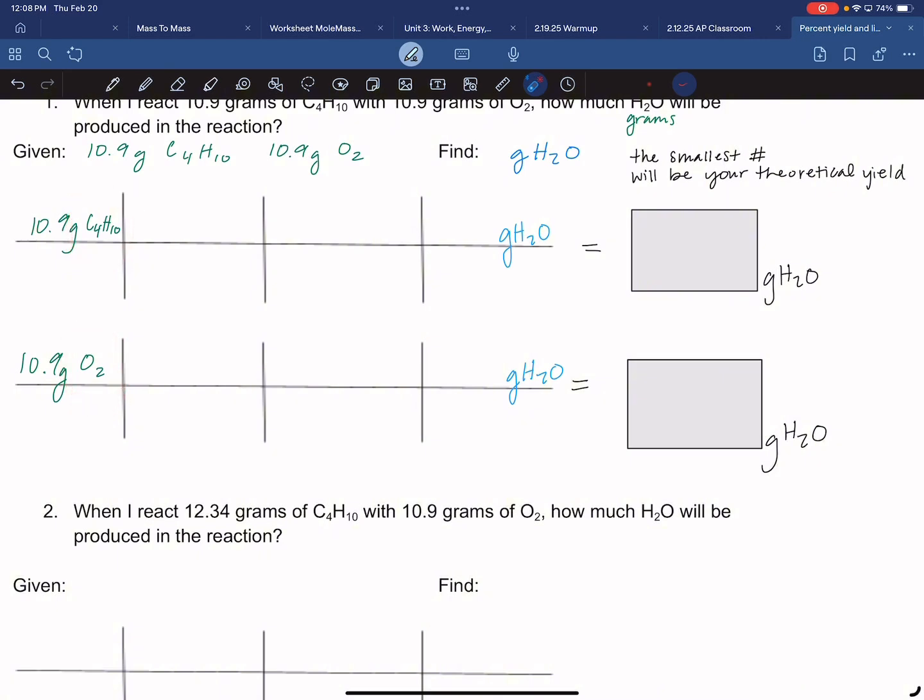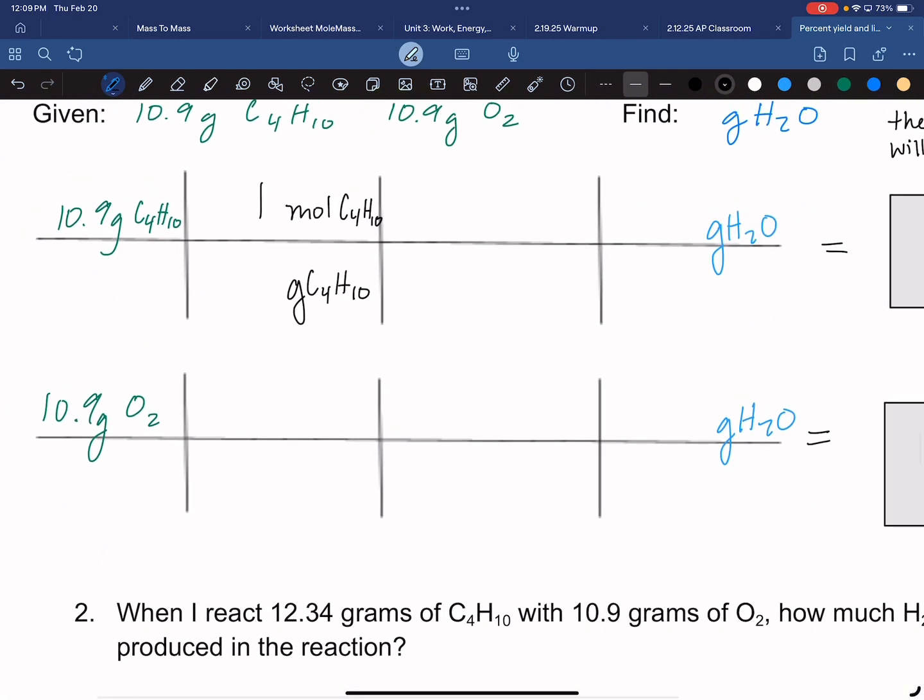Okay, so let's go ahead and fill out the chart. Everybody, looking at this right over here, what are my units? Grams of? Right, we got it. So then on the top, what do we have up here? 1 mole C4H10, right.